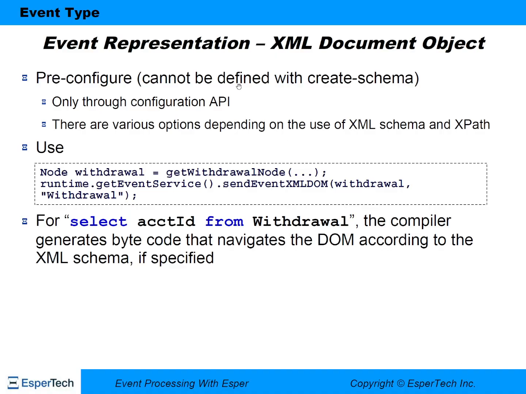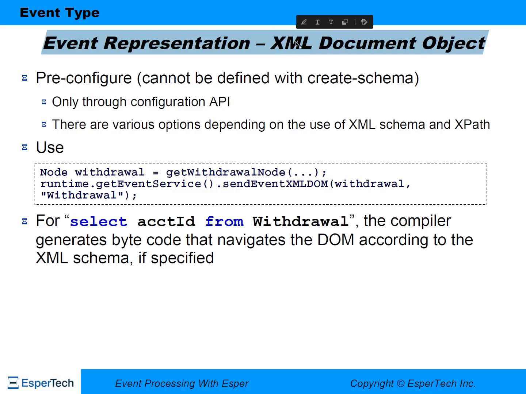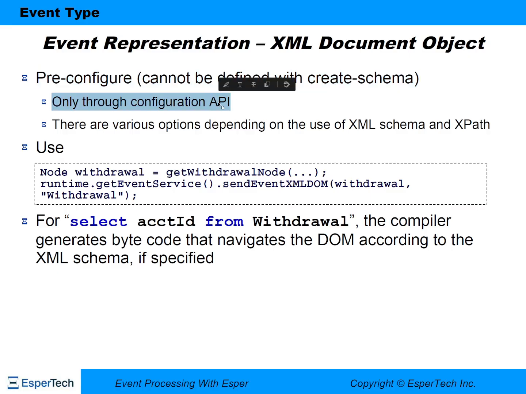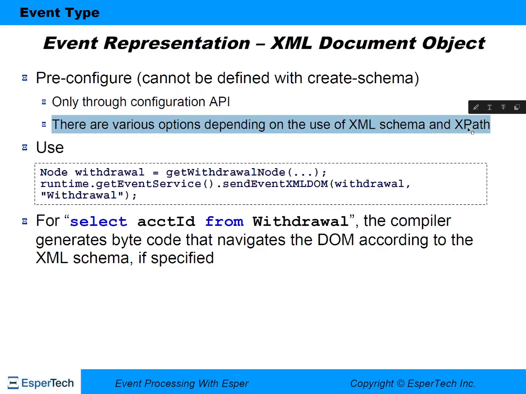The XML document object model event representation supports an XML document object as an event. An application can pre-configure the event type by calling the addEventType method and passing an XML-specific configuration that we don't discuss further here. There are various options depending on the use of XML schema and XPath.